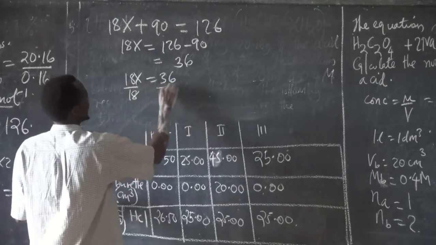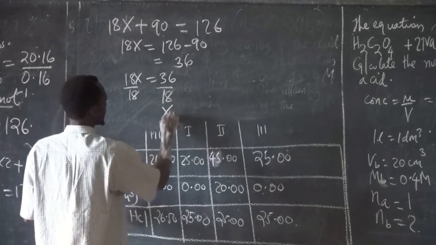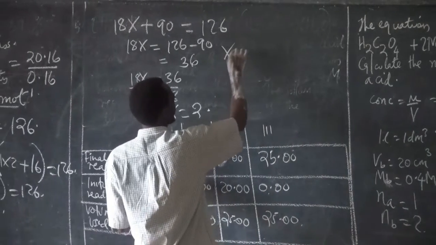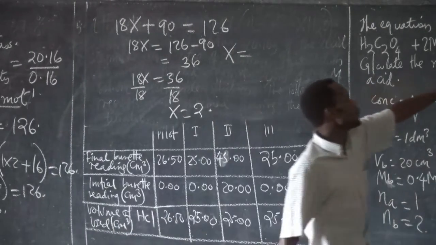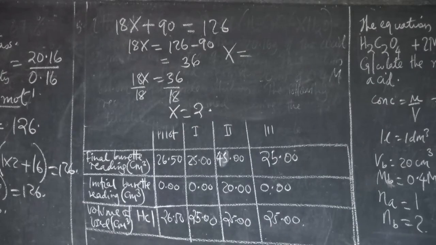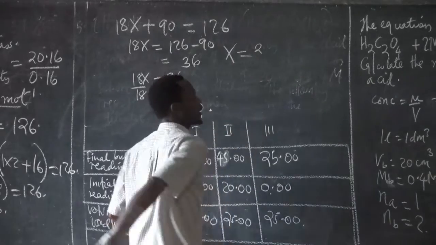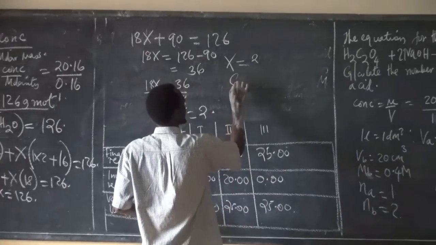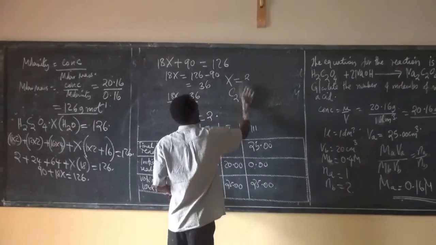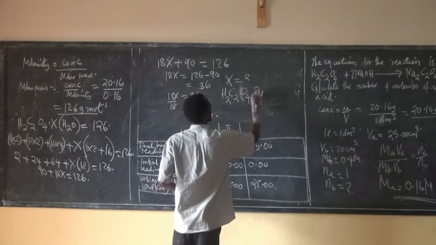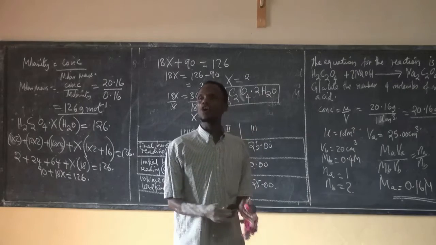Now divide both sides by 18. Now X is equal to 2. You understand? In short, the number of molecules of water of crystallization in the acid is 2. In short, you would have written H2C2O4·2H2O. That's all.